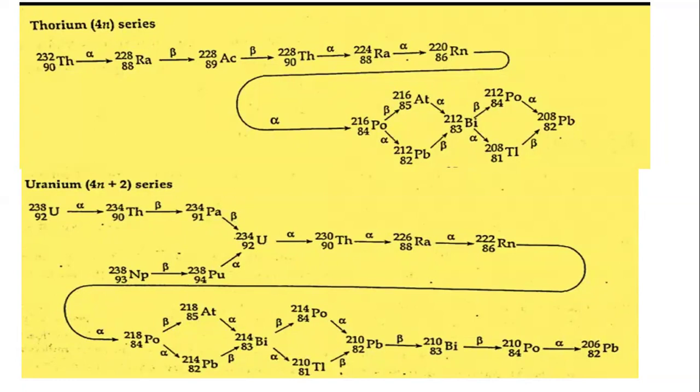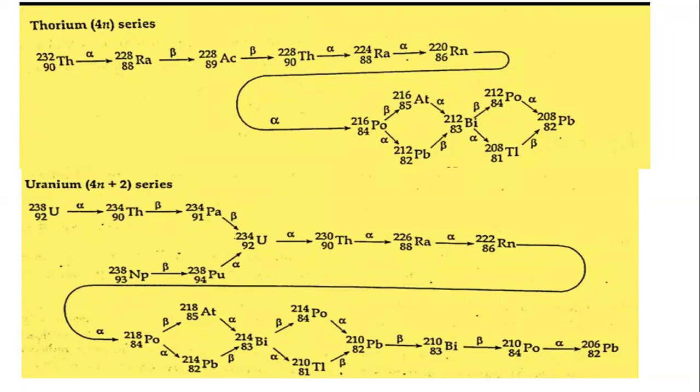Polonium has mass number 216, atomic number 84, and on beta disintegration the atomic number increases by 1 unit, that is 85, astatine, mass number 216. In alpha disintegration the atomic number decreases by 2 units, from 85 to 83, that is the bismuth, and the mass number also decreases by 4 units, 212.